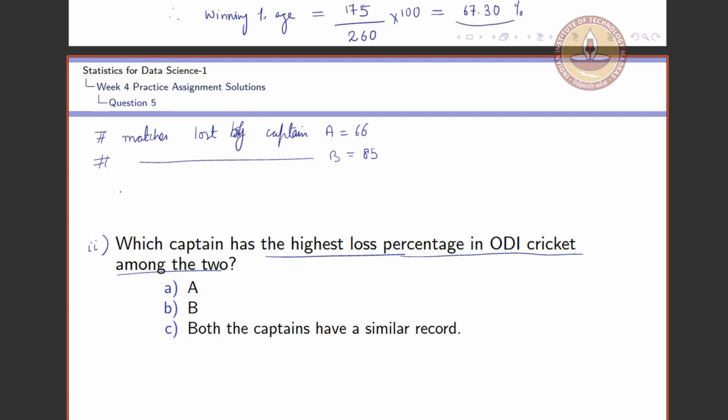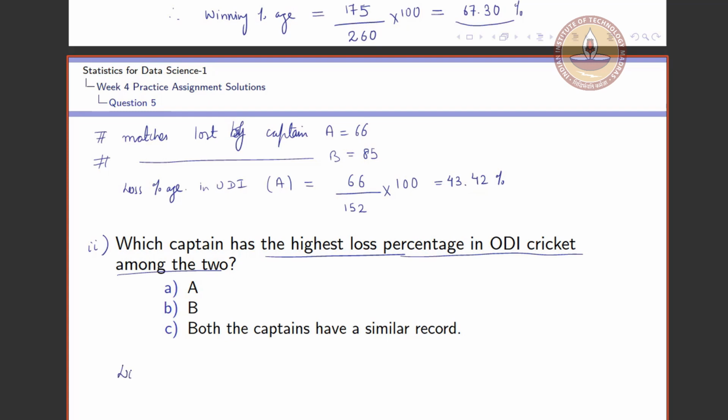Therefore, the loss percentage in ODI cricket by Captain A is the total number of matches lost by Captain A in ODI cricket, that is 66, divided by the total number of matches played by Captain A in ODI cricket, into 100, that is equal to 43.42%.